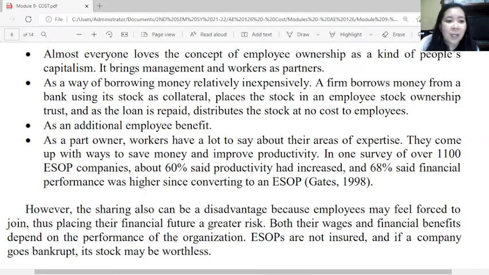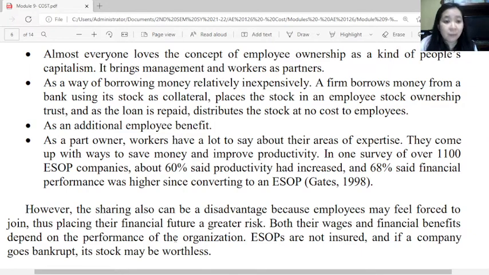Another is that this is an additional employee benefit. And as part owners, workers have a lot to say about their areas of expertise, because in this case, they are no longer working just for the entity. They are now working for the benefit of their company because they are already part owners.